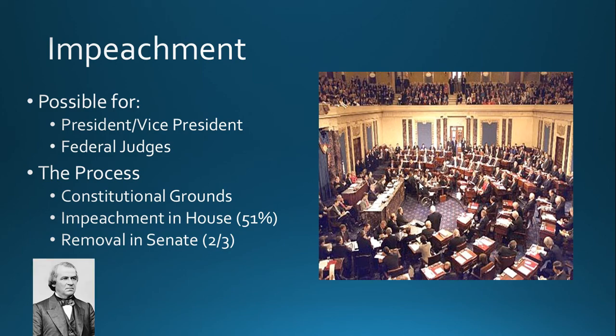Andrew Johnson in the 1860s was impeached by the House, and Bill Clinton in the 1990s was impeached by the House. Both of those individuals were put on trial before the Senate, but in both cases, the Senate failed to reach the 2/3 vote threshold, which meant that both Presidents Johnson and Clinton remained president, and they served out the remainder of their term.